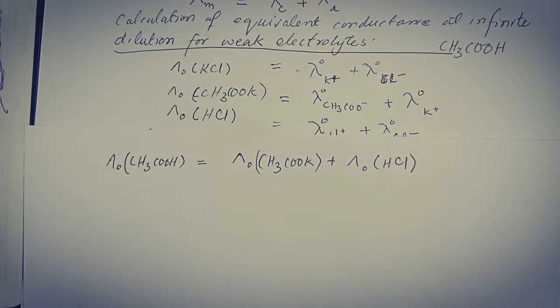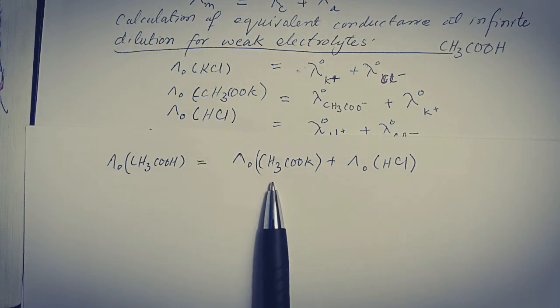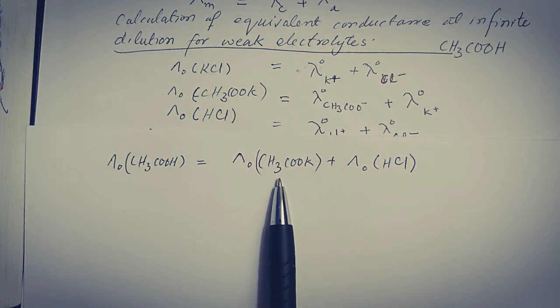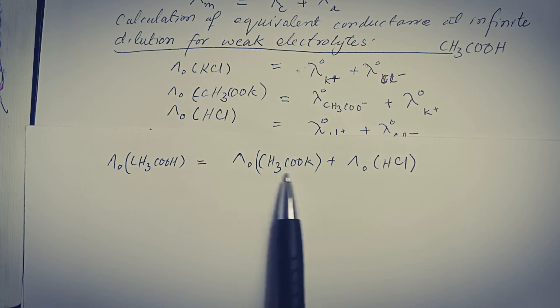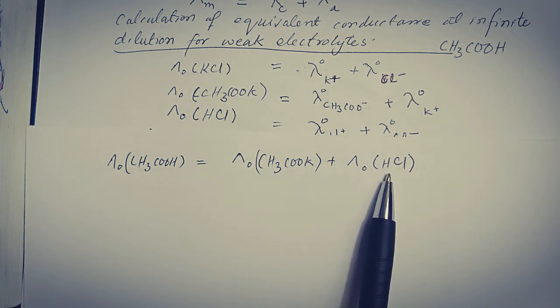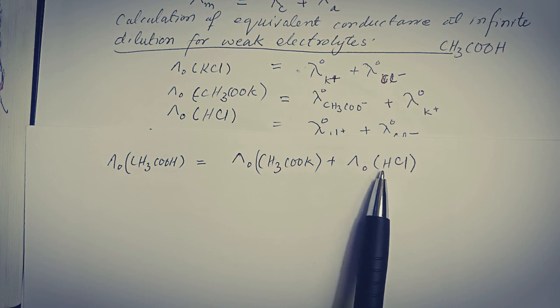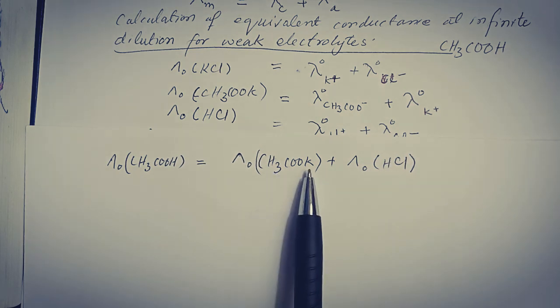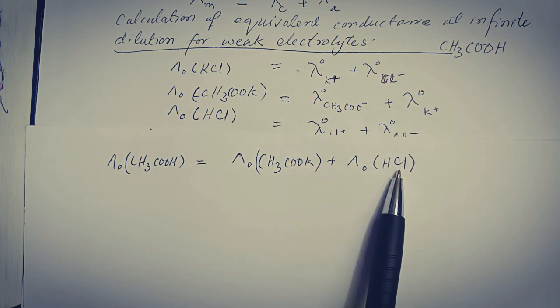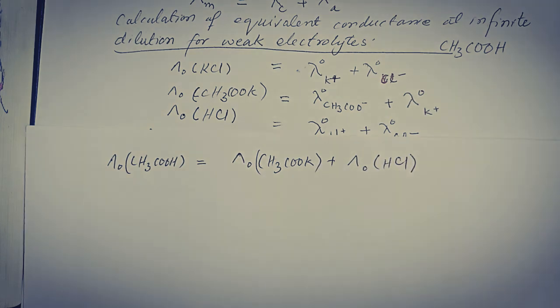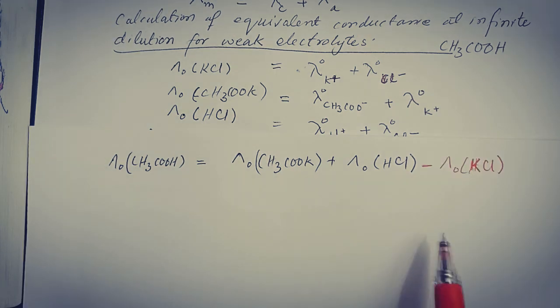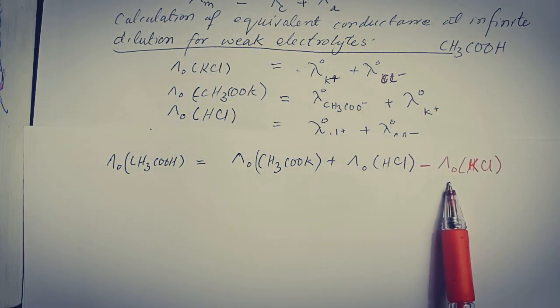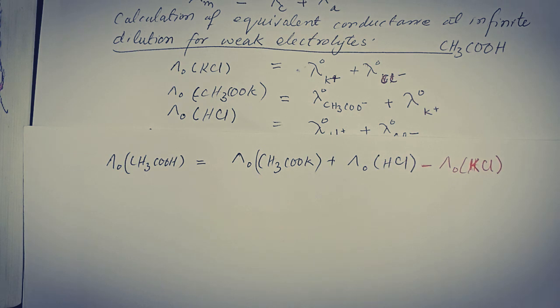So let's see how we can calculate the equivalent conductance of the acetic acid. For this purpose, we have to add the ionic conductance of the acetate ion from the acetate salt and hydrogen ion from the HCl. So we are going to add the values of the ionic conductances of hydrogen ion and acetate ion, and we need to subtract the values for the potassium and chloride ions. For this purpose we will subtract the value of equivalent conductance of the potassium chloride.